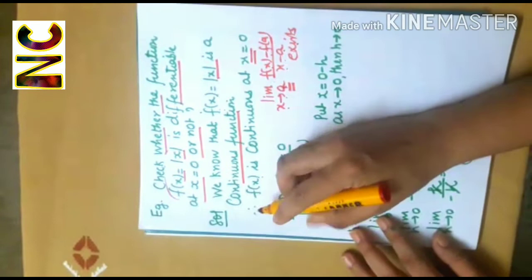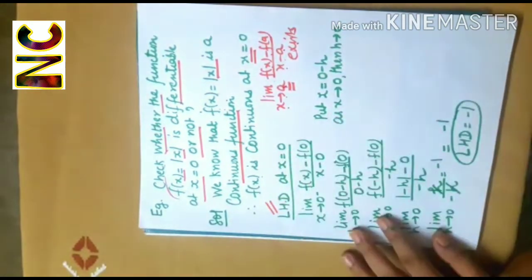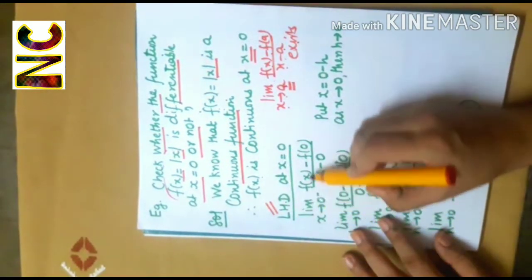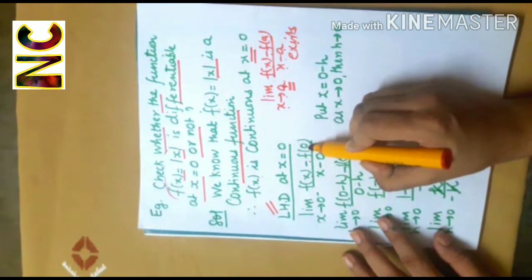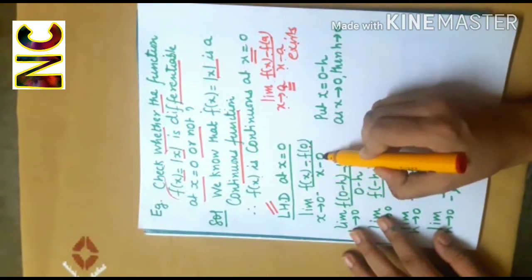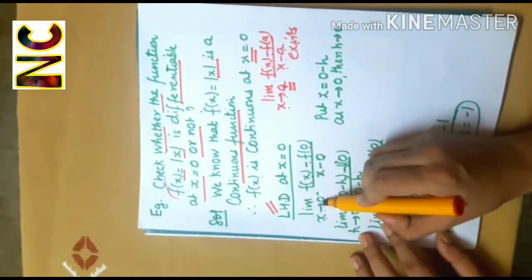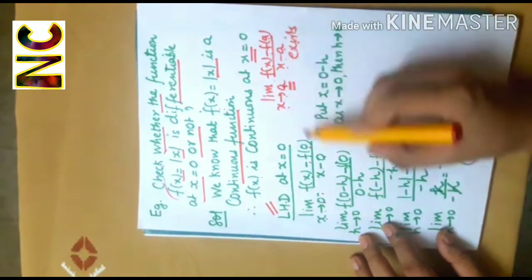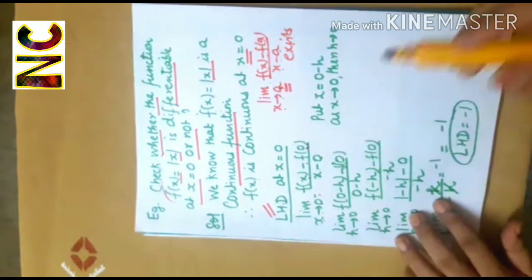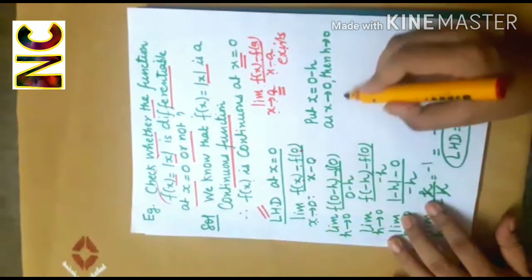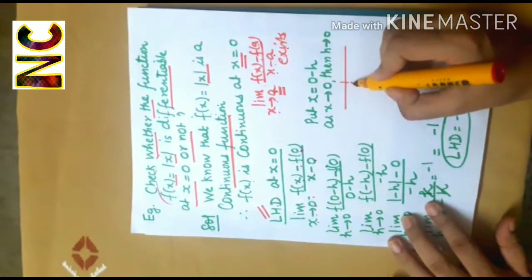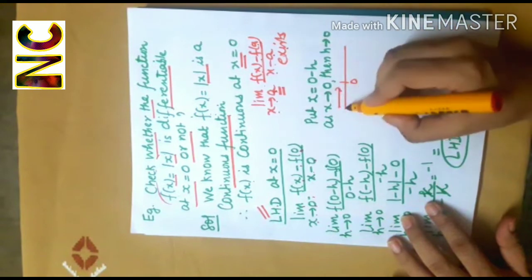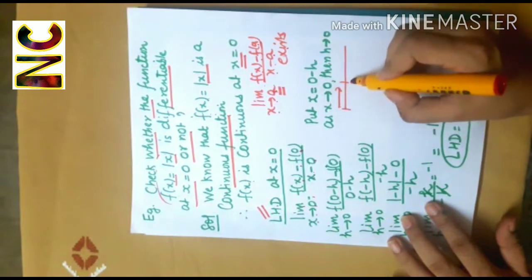So first I'll compute the left hand derivative, which is the limit of (f(x) minus f(0)) over (x minus 0) as x approaches 0 minus. See, role of a is given to 0. Now, we are approaching x from the left hand side, that is through values smaller than 0.